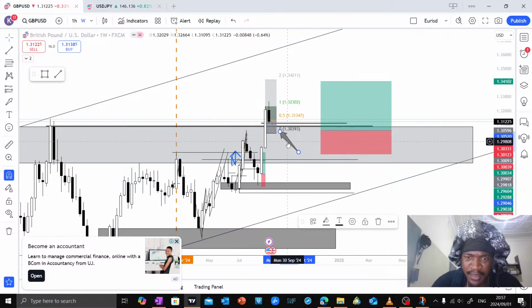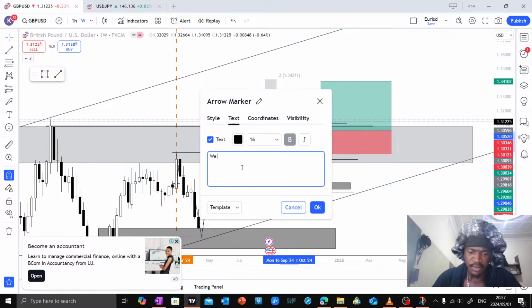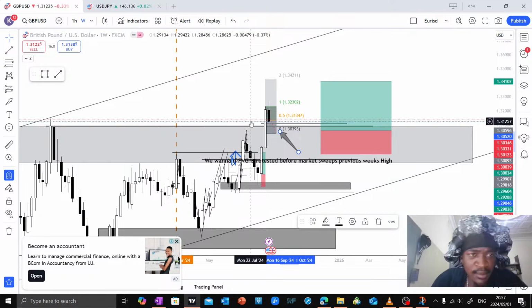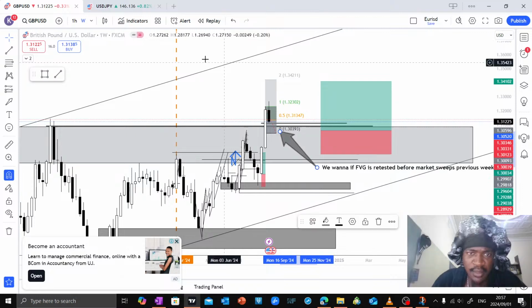Here we say we wanna buy if the fair value gap is retested before the market sweeps the previous week's high, right? That's exactly what we're saying there. So that's what's happening there.